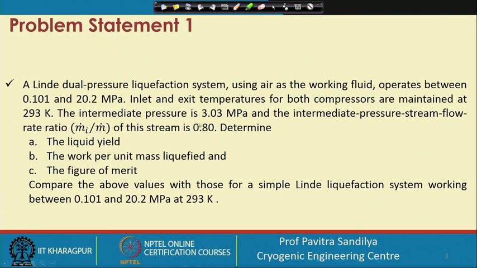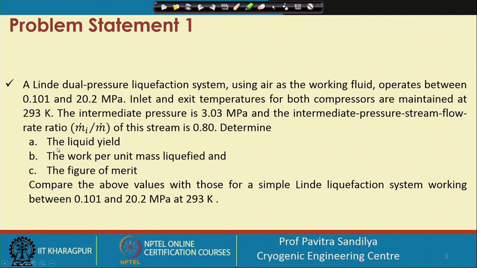The intermediate pressure is 3.0203 megapascal, that is about 30.3 atmosphere, and the intermediate pressure stream flow ratio, that is m_i dot by m dot, is about 0.80, that is 80% of the main stream is being taken out for the intermediate pressure.